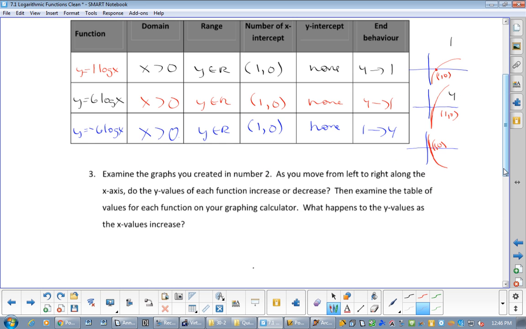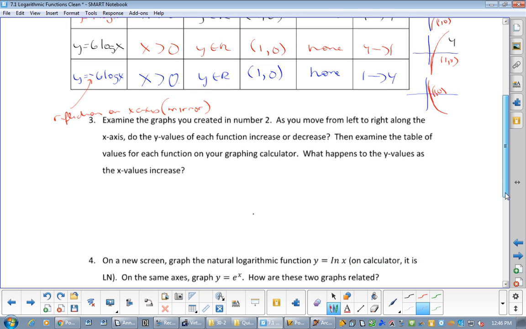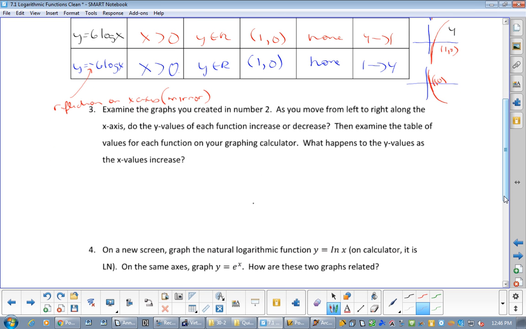Okay, so here's a little subtle thing. This became a reflection on the x-axis. That means that's our mirror. Right? That became our mirror. So they want to know if A is positive, so that would be my 6 log x.